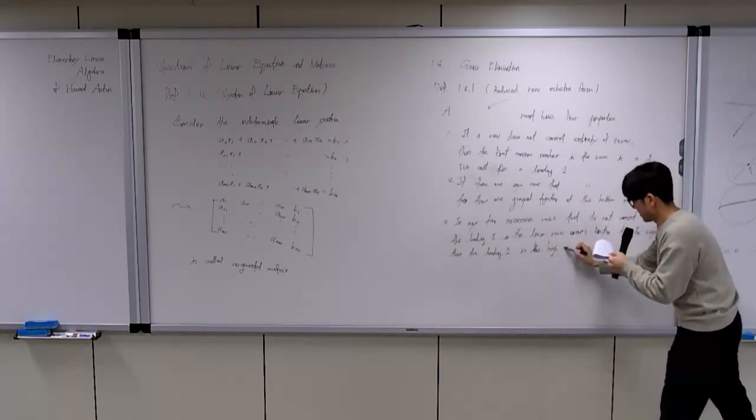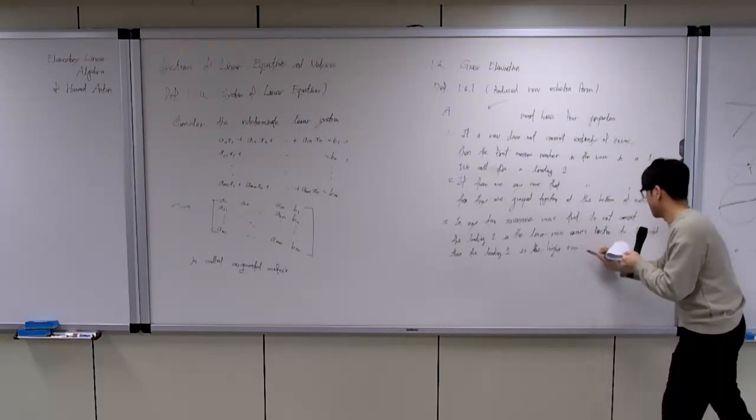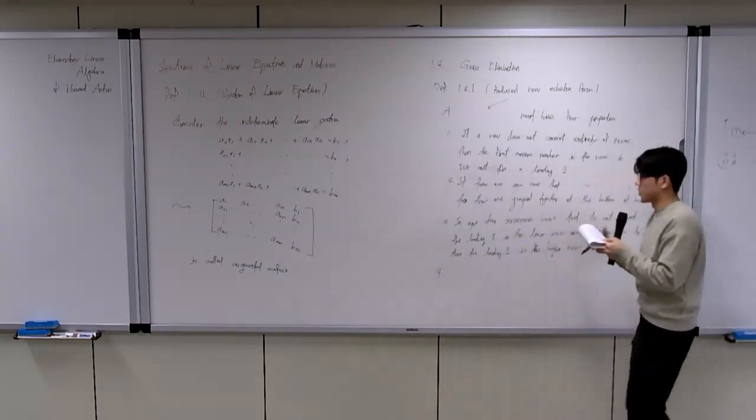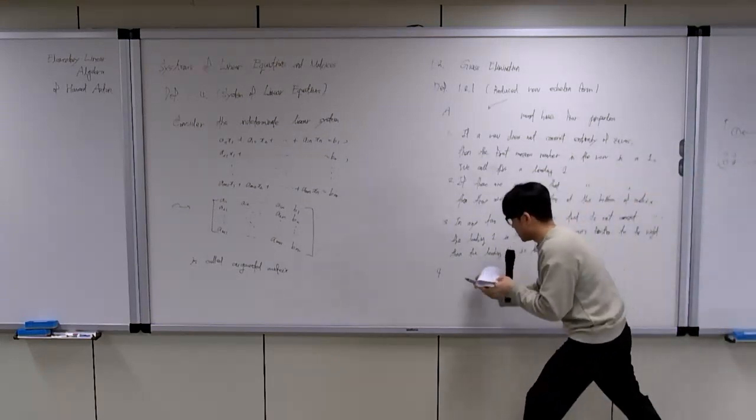This means if there were two or more leading ones, then as a second condition, the zero equation will go to the bottom, and if there were two leading ones, then the higher one is on the more left side. The third property says this.